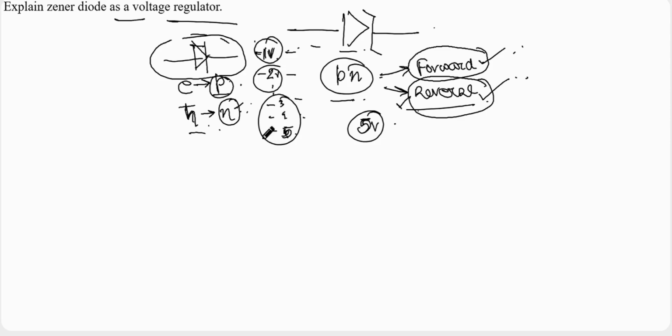So the amount of current after reaching the breakdown voltage will become very high, so high that the diode becomes dysfunctional, or it may burn out. So this 5 volt is the zener breakdown voltage.